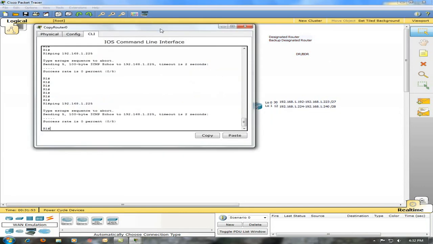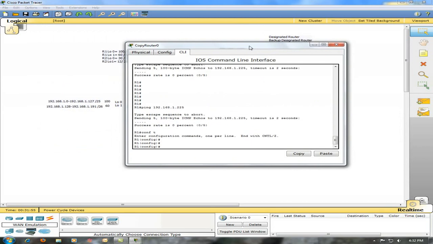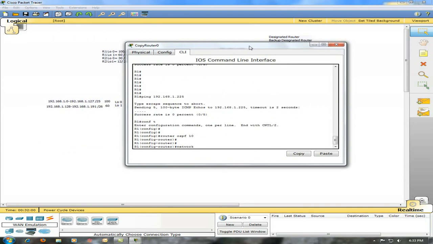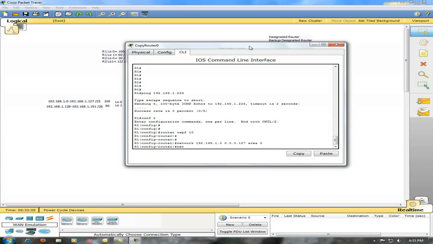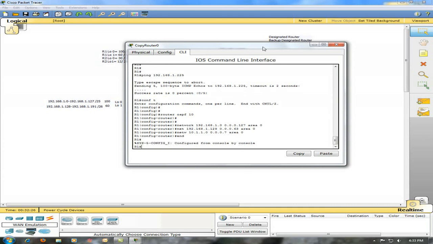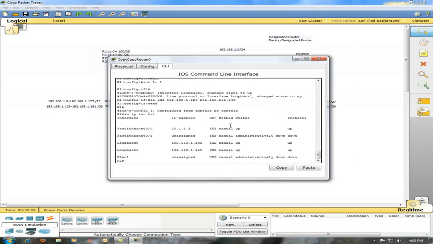So we'll go into router 1. First thing first, we have to configure OSPF. So I'll do network 192.168.1.0. I'll do the second network. So there's all my networks for router 1 and all my networks for router 2.